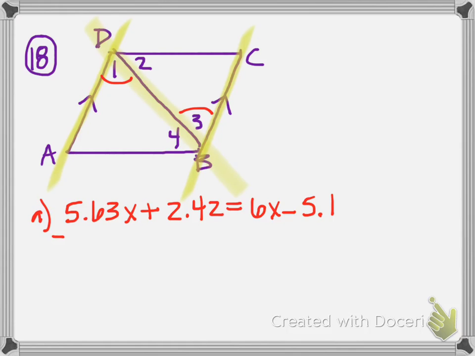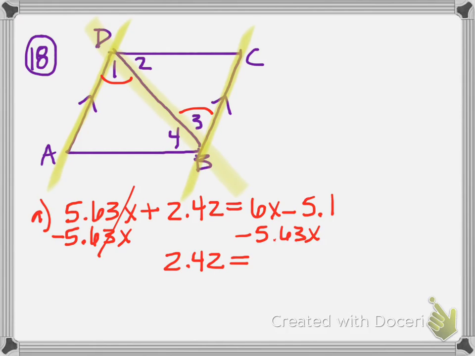So I'm going to subtract 5.63 x's from both sides. So I'm going to end up with 2.42 on the left equals, I need to be very careful when I subtract 5.63 from 6. I've got to line up the decimals. So if you're doing this on your paper, it would look like this.